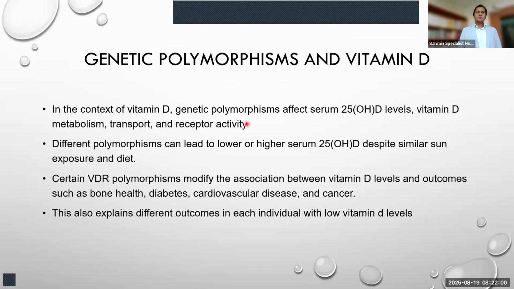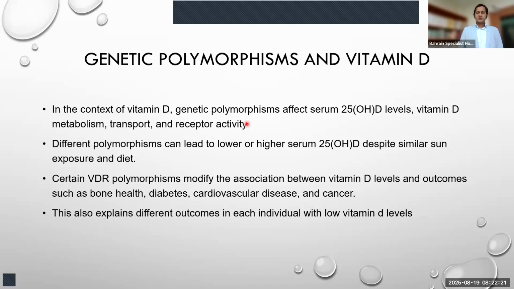So genetic polymorphism is definitely there in vitamin D deficiency and its manifestations. So certain patients may have certain diseases at the same level of vitamin D, and the other may not have that. That is explained by basically the genetic polymorphism.